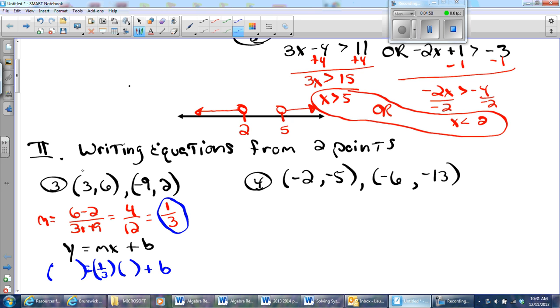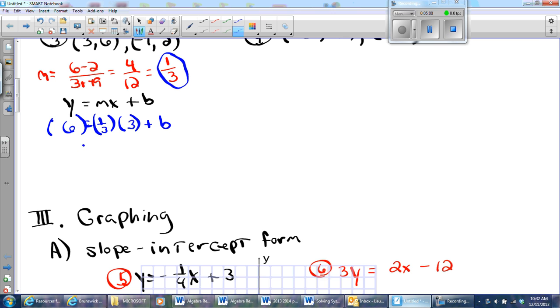Well, look at this. Isn't this an x value and that a y value? So I'm going to put 6 in y's place, and 3 in x's place. So 6 is going to equal 1/3 times 3, which is 1, plus b. And then I'll subtract 1, and 5 is going to equal b.